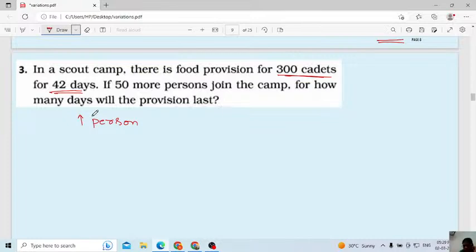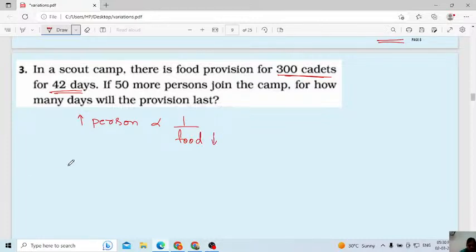Here they do not mention whether it is directly or inversely proportional. Yes, everyone is telling it is inversely. Easy question. If the number of persons increases, definitely the amount of food will be inversely proportional. Understood? Both are inversely proportional to each other.